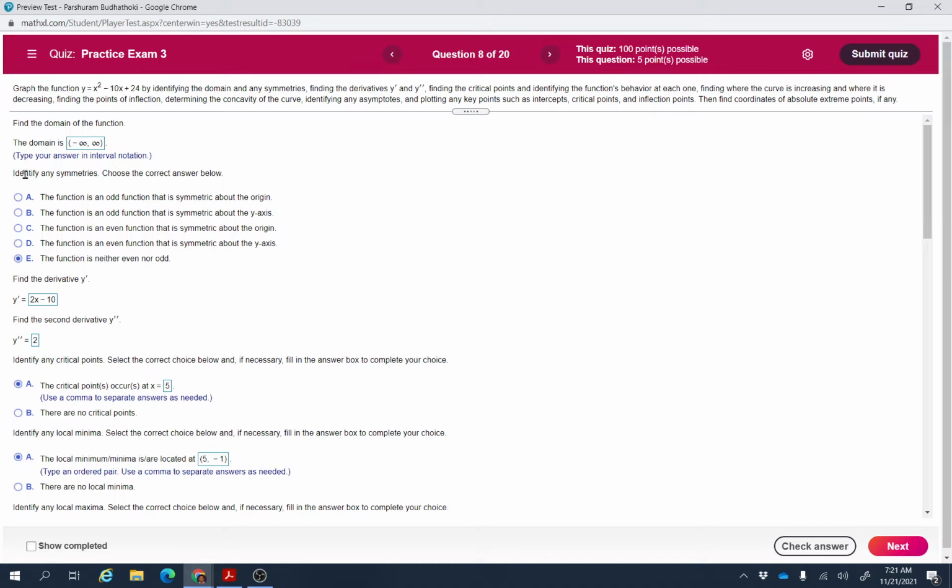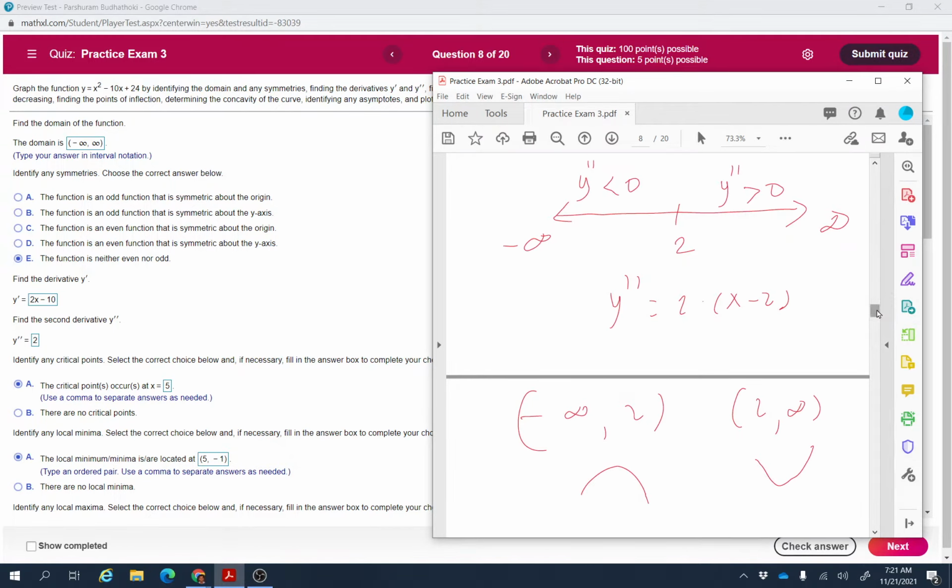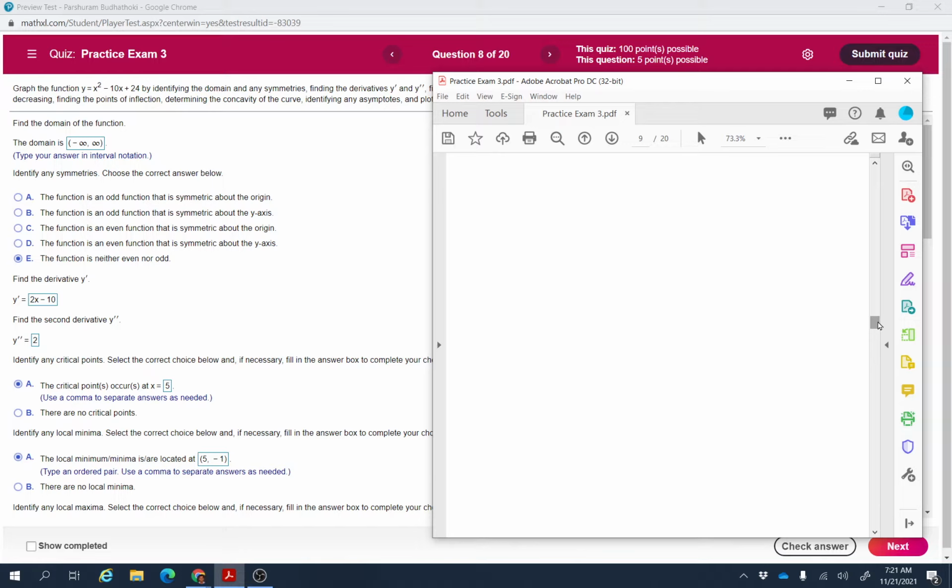To find out the symmetry, you just have to replace x by negative x and then check. Let's say for problem 8 this is the function f of x, which is x squared minus 10x plus 24, and we know that the domain of this function is all real numbers.